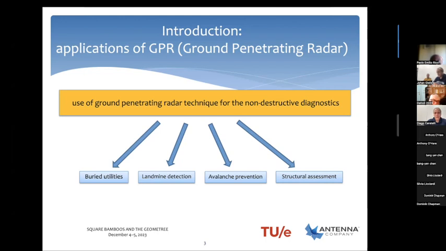The same underlying methodology can also be applied to the investigation of different types of terrains, for avalanche prevention, as well as for the assessment of the structural integrity of different types of constructions, buildings, bridges, and the like.